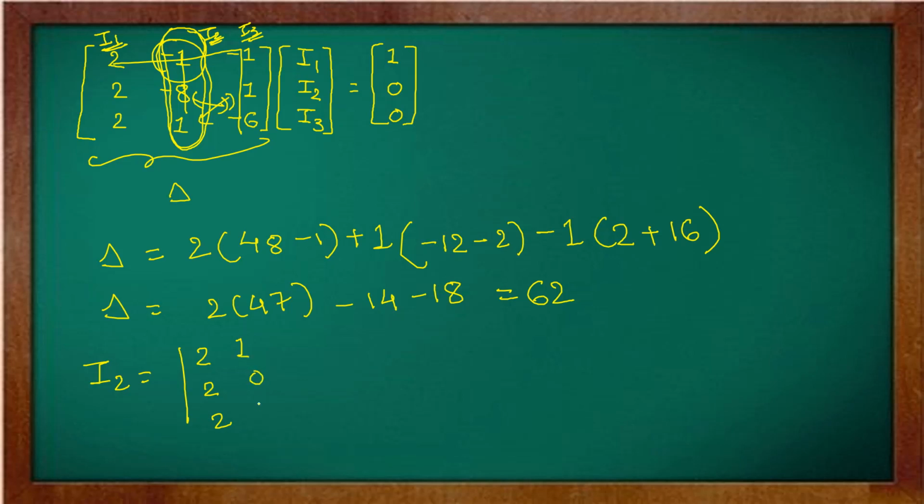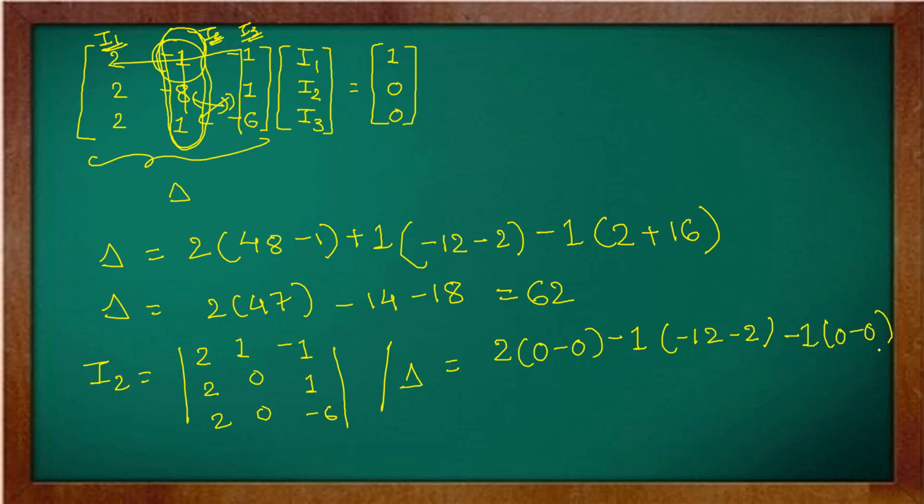Then the second column will become 1, 0, 0. Third is as it is, -1, 1, -6, divided by the determinant. So here the same procedure: 2 times 0 minus 0, -1, then it's -12, -2. Last one is -1, 0 minus 0, divided by 62.